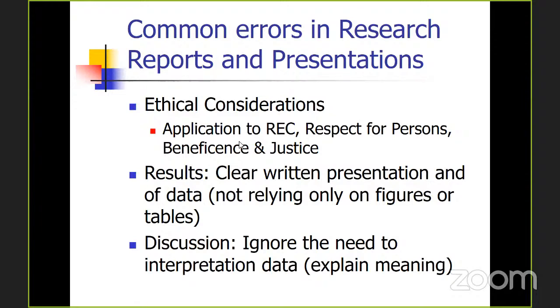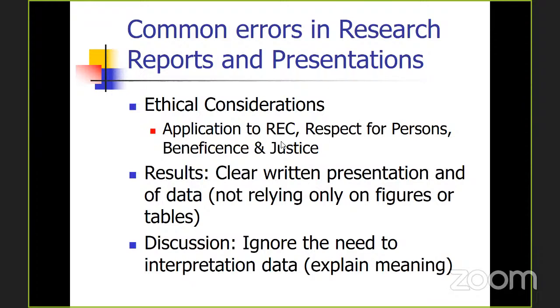So if you're doing a research project, you're expected to apply for research ethics to say that there's no potential harm to the participants, including the researchers. And you're thinking about 3 principles. Is the research going to be carried out with respect for persons? Beneficence means that it is expected to be beneficial in some way.